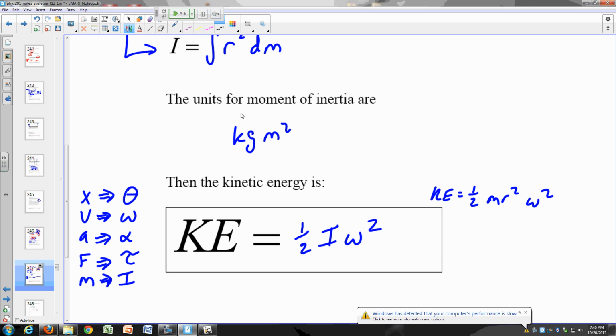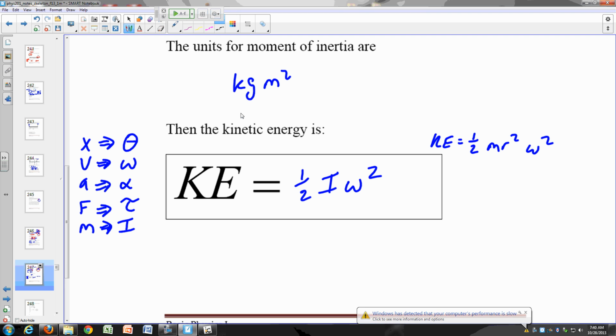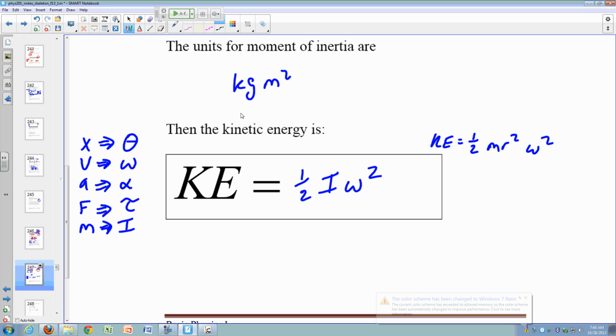I have a question. How do you know which one you're supposed to use if you're looking at a problem? Like you've got 1/2 I omega squared or you've got 1/2 m r squared omega squared. Is there something they're going to ask for, like for kinetic energy, for example? Well, if it's rotating, if it's a rotating body, you always use the rotational quantities.